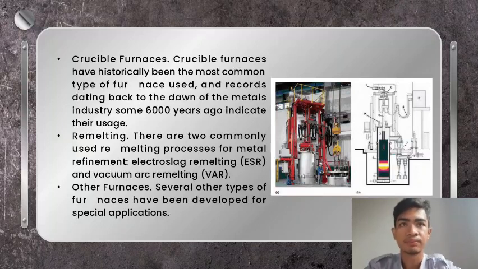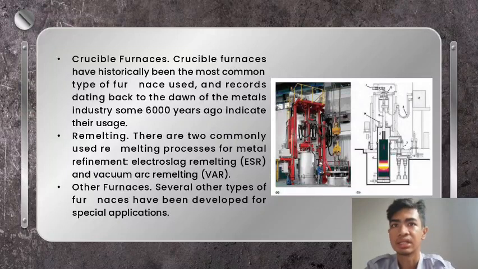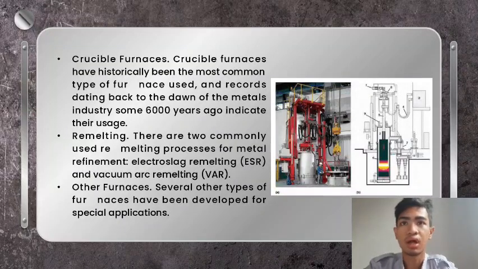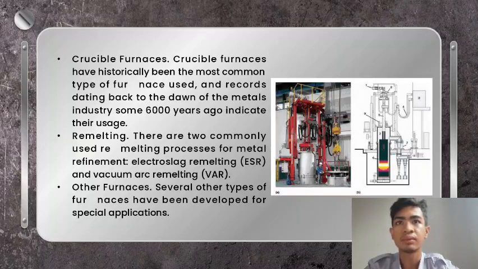Other furnaces. Several other types of furnace have been deployed for special applications. For example, skull melting is a technique that is used while melting highly reactive metals that would otherwise attack the walls of a crucible lined with standard refractory materials. The traditional method of melting titanium is with a consumable titanium electrode lowered into a water-cooled copper crucible while confined in a vacuum chamber.